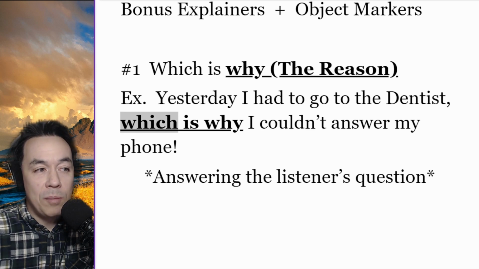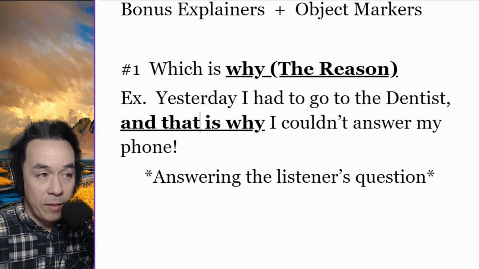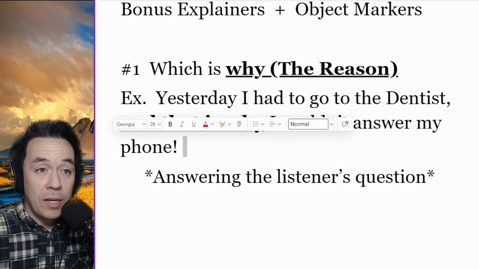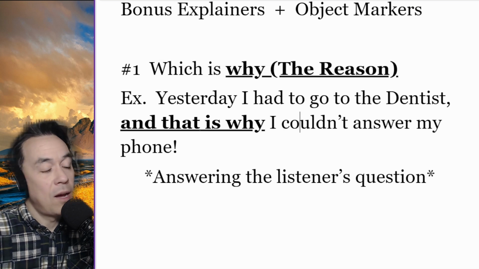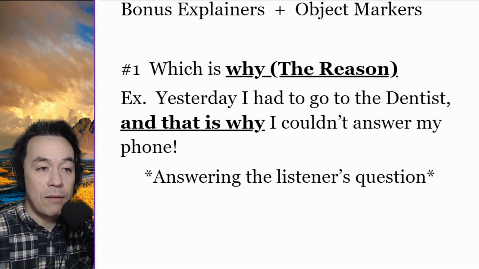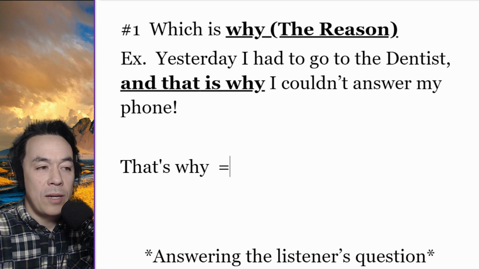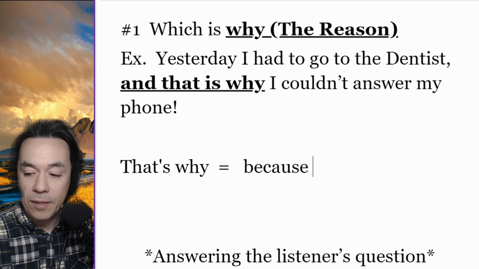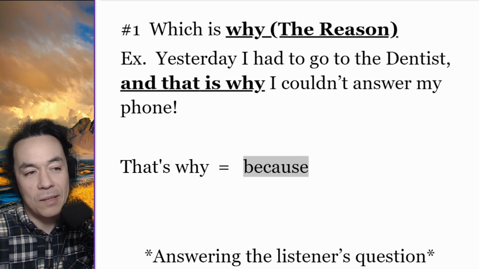You might even be more familiar with it this way: and that is why I had to go to the dentist, and that dentist is the reason I couldn't answer my phone. Usually my students are familiar with this, that's why, as kind of a cousin or friend to because.